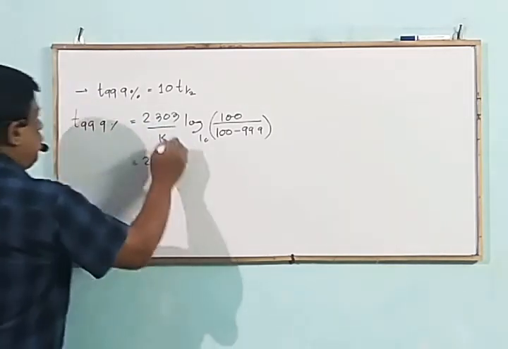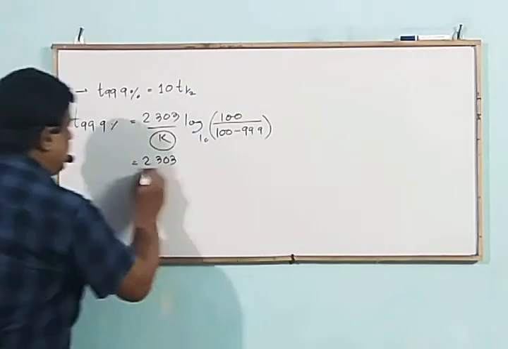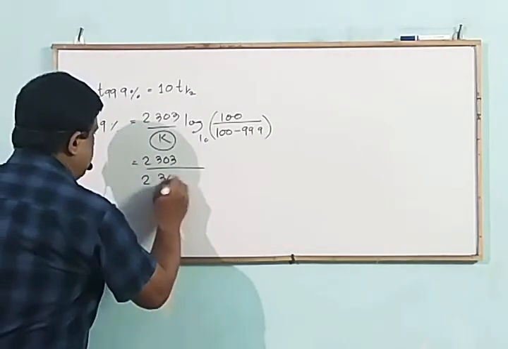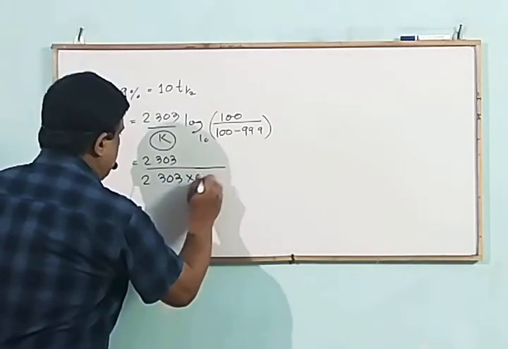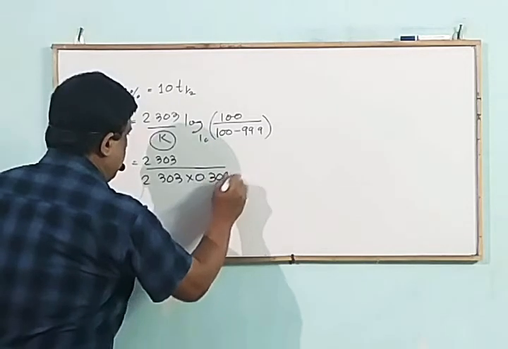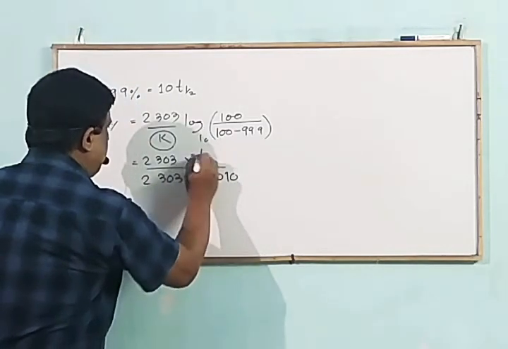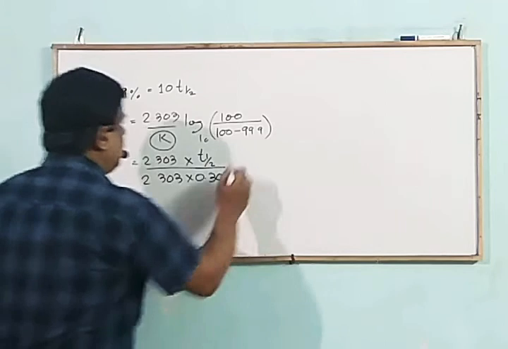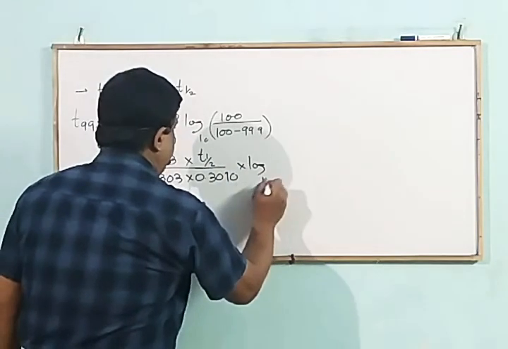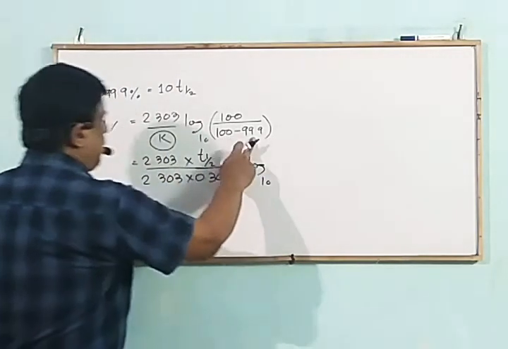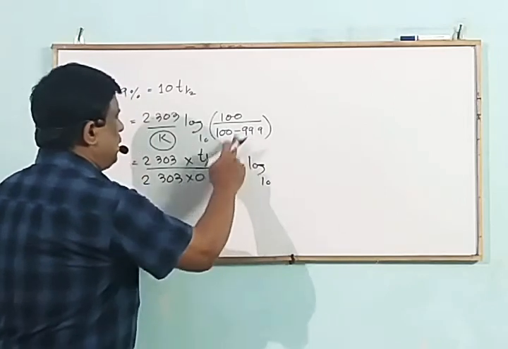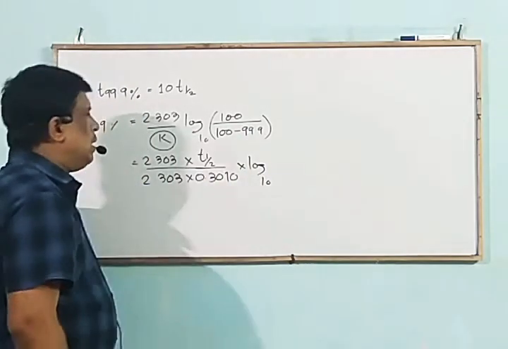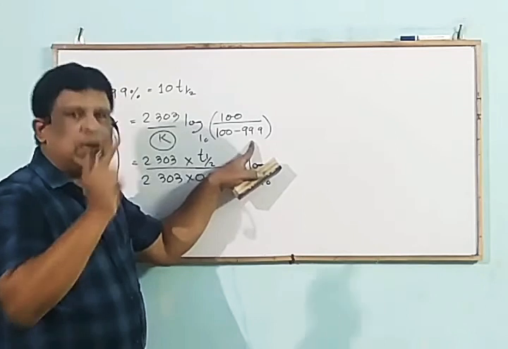We put this value of K, that is 2.303 into 0.3010 by T half, or into T half, into log base 10 of 100 by 100 minus 99.9, that is 0.1. 0.1 means 1 by 10.